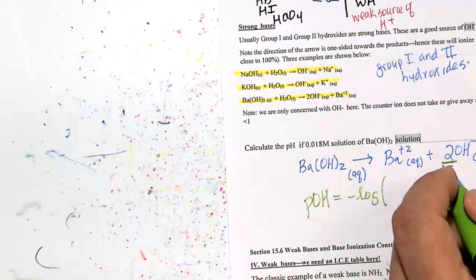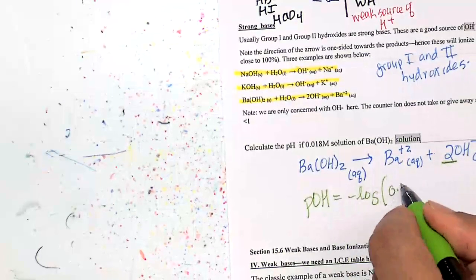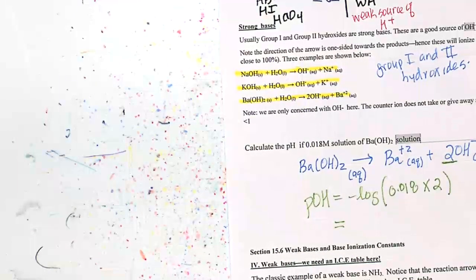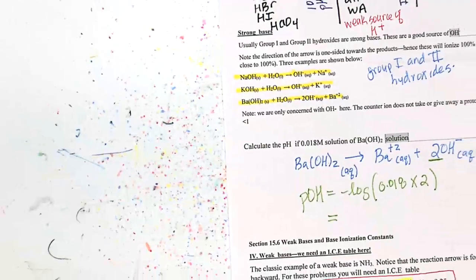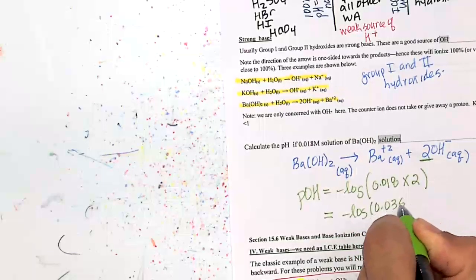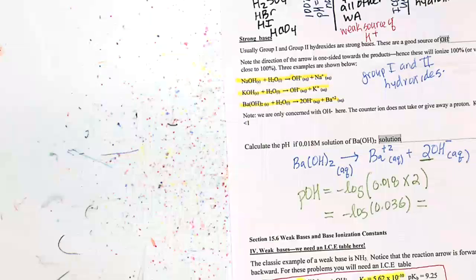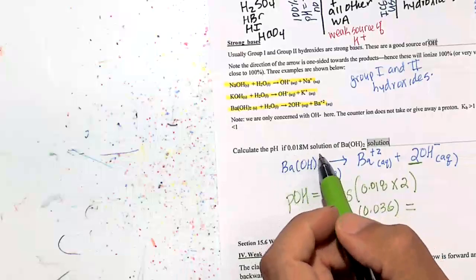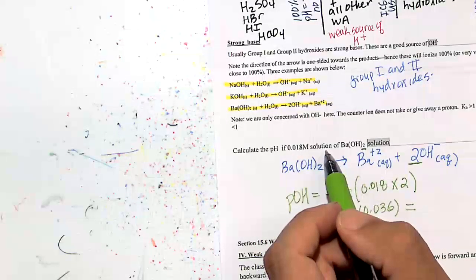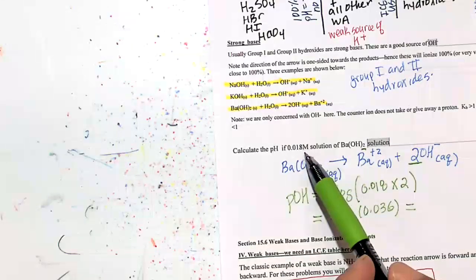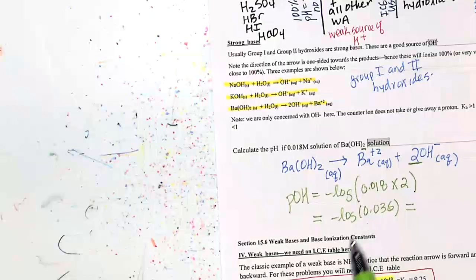There's 2 OH minuses, so you're going to take this 0.018 and times it by 2. You see there's 2 OH minuses, so this barium hydroxide in water gives you barium ion and 2 hydroxide ions. So the actual concentration of hydroxide is 0.018 times 2. We plug that in to get us the pOH, and what is that number?